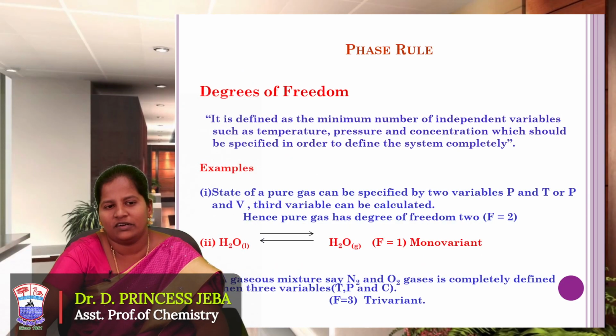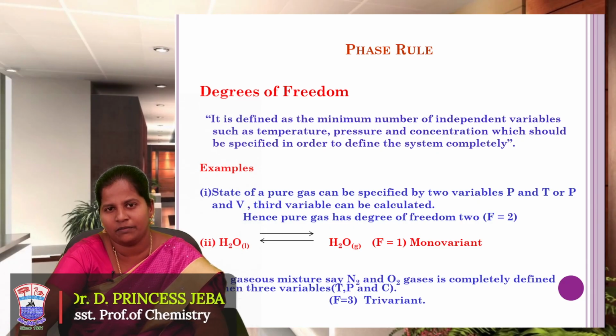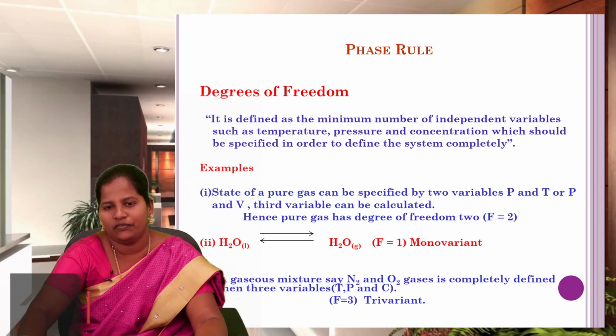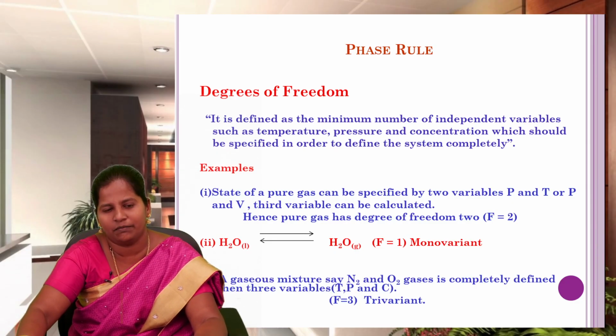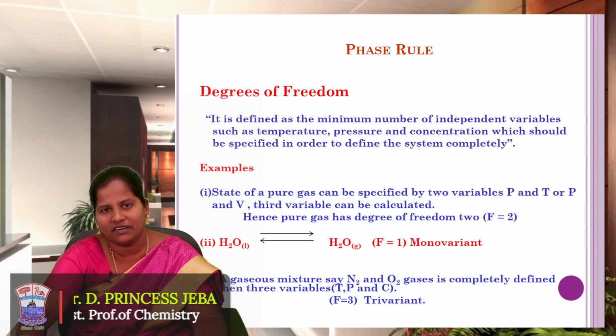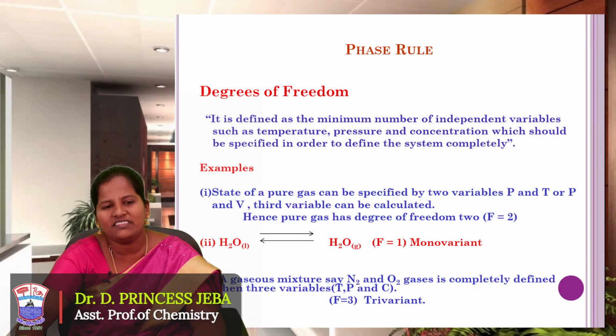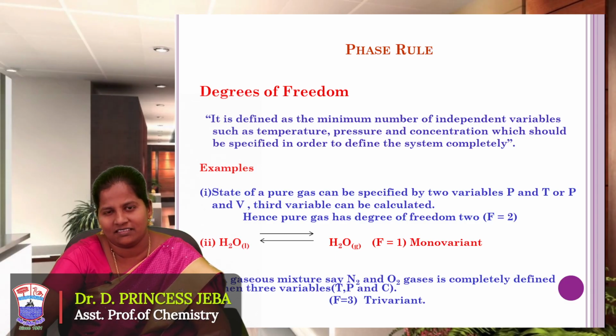Similarly, the next one is F, or degrees of freedom, which is represented as F in the phase rule. It is defined as the minimum number of independent variables, such as temperature, pressure and concentration, which must be specified in order to define the system completely. So if you want to define the existence of various phases in the system, we require some variables, that is temperature.